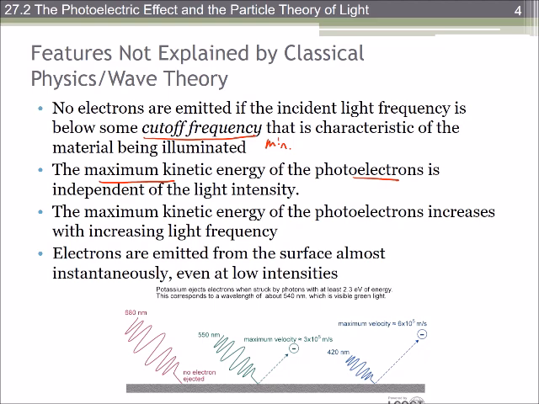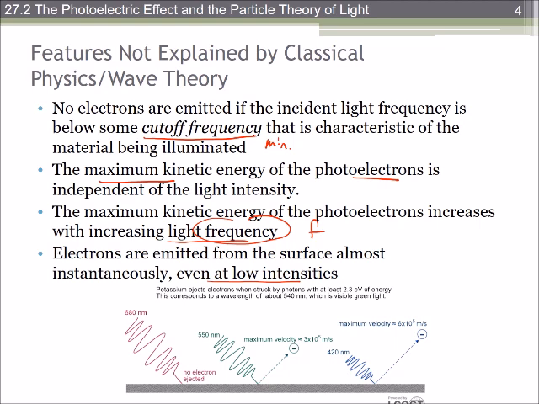The maximum kinetic energy of the photoelectrons increases with increasing light frequency, so the frequency is what's important. And electrons are emitted from the surface almost instantaneously, even at low intensities. So we can send one little photon of blue light and pop off an electron.